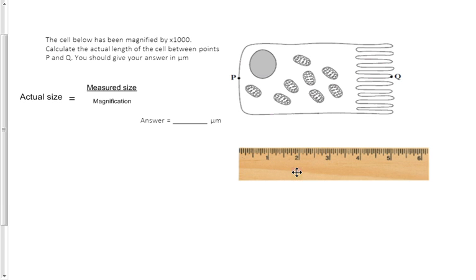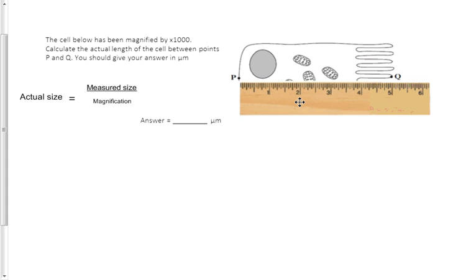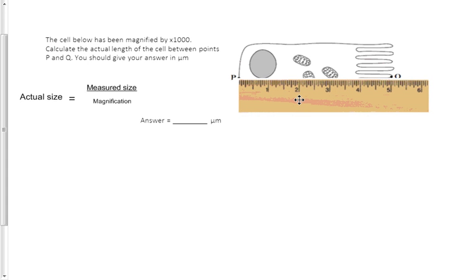If I'm going to measure this correctly, I'll need to put the ruler up to points P and Q, and you can see there that between points P and Q we've got around 5 centimeters. Now I'm going to suggest that you don't measure things in centimeters during your A-level biology course, because that makes converting units more difficult. I'd rather you measured in millimeters, which are the smaller notches on the ruler, so our measurement here would be 50 millimeters. So we know that our measured size is 50 millimeters.